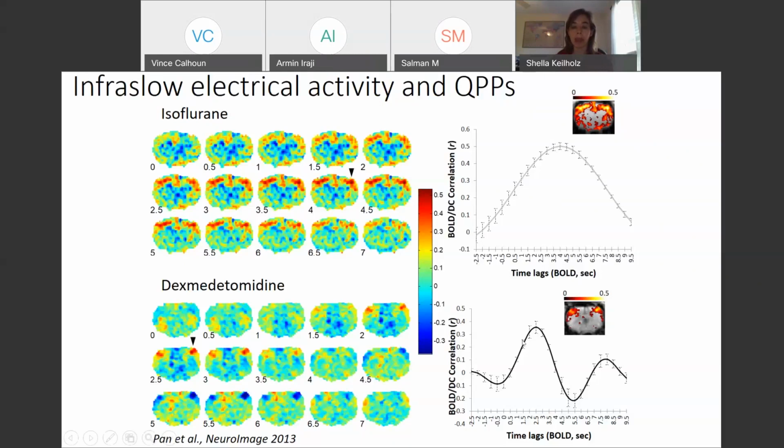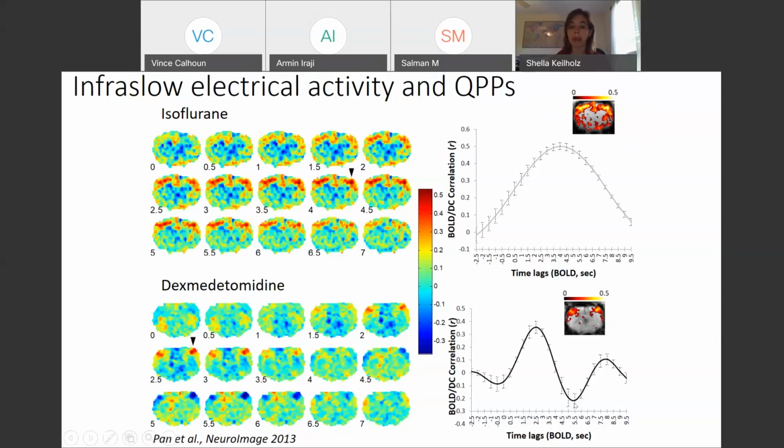Now, interestingly, at least under some anesthetics, where we have a fast vascular response, we were able to see this biphasic activity that reminded us of the QPP. Here you can see a strong correlation between infraslow activity and BOLD at the hemodynamic delay.